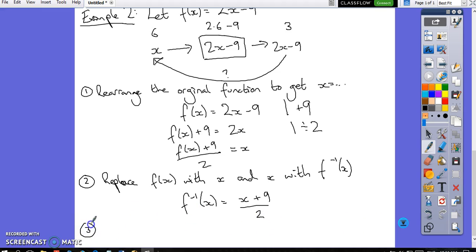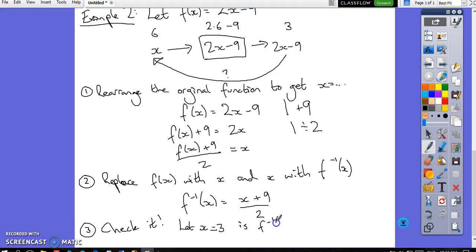Then, as your third step, I would say, check it. Here we did an example where we put 6 in, and we got 3 out. With this one, I should be able to put 3 in and get 6 out. So let's say x is equal to 3.